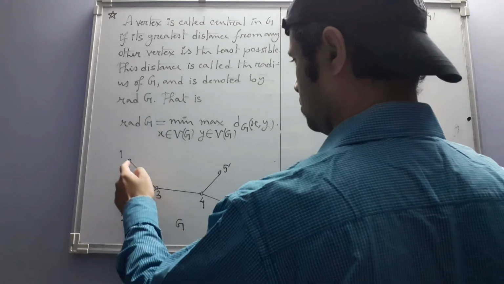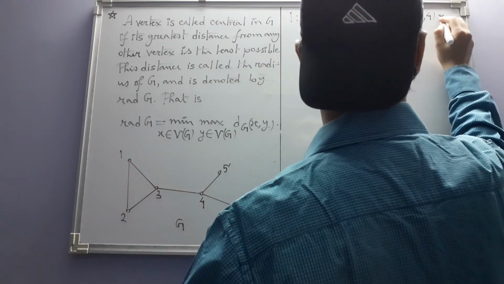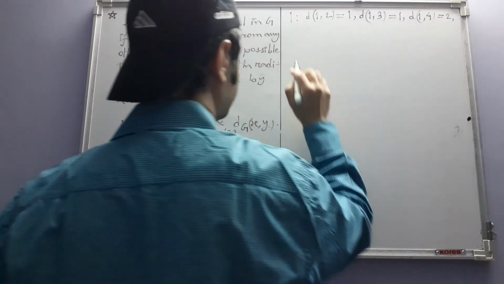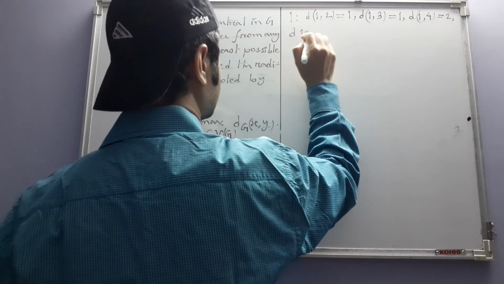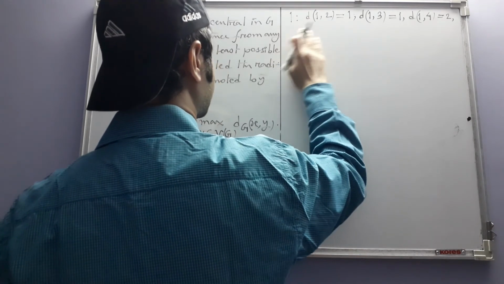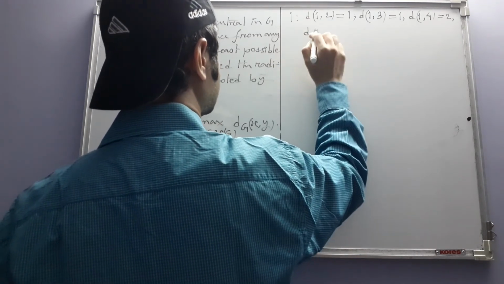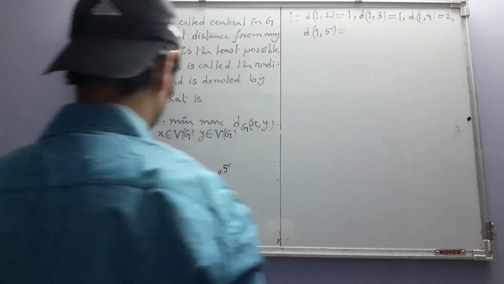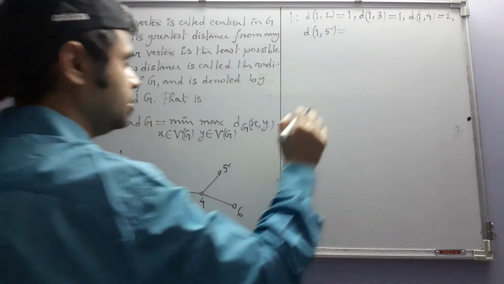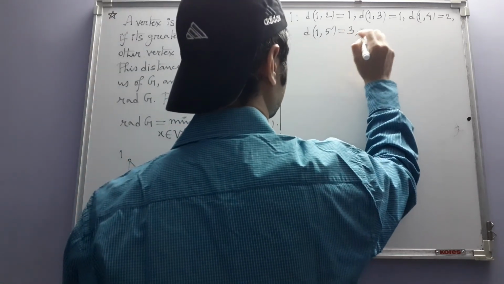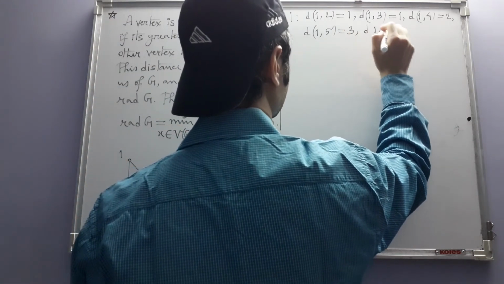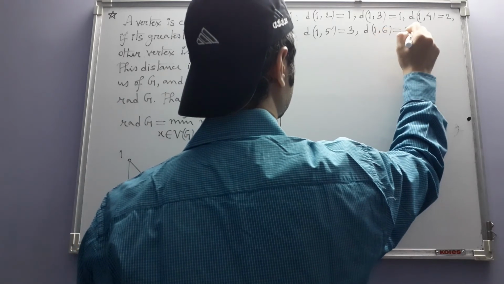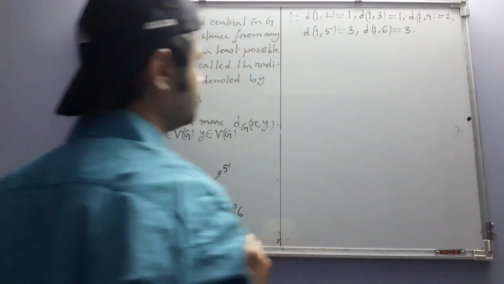The distance between 1 and 4 is 2. 1 and 5 is 3. 1 and 6 is also 3.